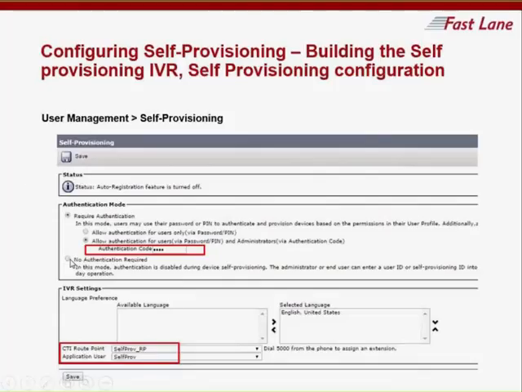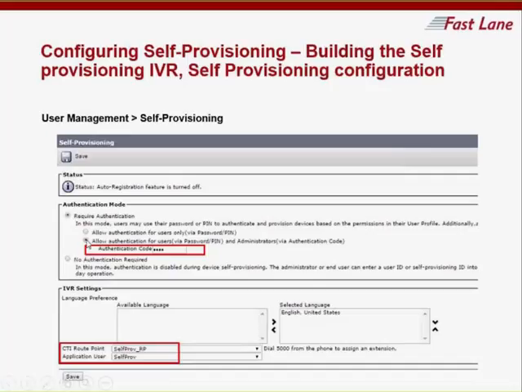If we say no to this, when I call the self-service IVR, it will just ask me for my self-service ID, which is my telephone number, and nothing else. It will then just deploy my phone. It will not ask me for a PIN or anything like that, which is not really the best way to do it. What we can do next is tick require authentication.